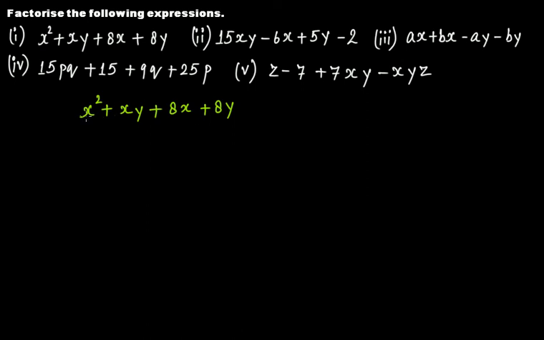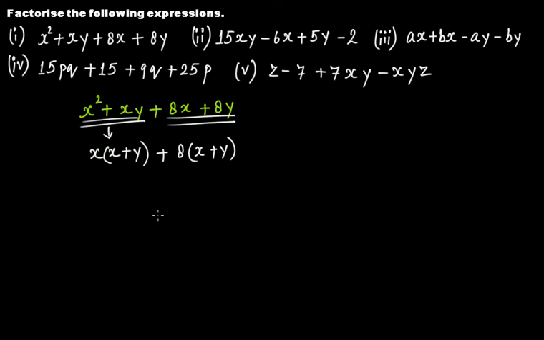And how? This is x squared plus xy. Consider these two together and then these two together. So from here, you can write this as x multiplied by x, and this is xy. So x common, x plus y, right? Then plus sign. You have 8x and 8y. 8 is the common factor amongst these two. So this is 8 times x plus y, right?